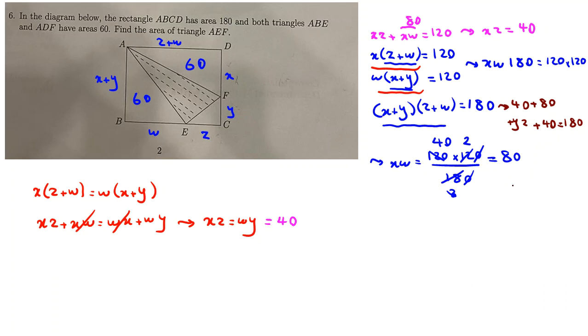If we take 160 to the right-hand side, it will be 20. So yz is 20, yz over 2 is 10. Now we know the whole area is 180, 180 minus 60, 60, 120, plus 10, 130, it will be 50.